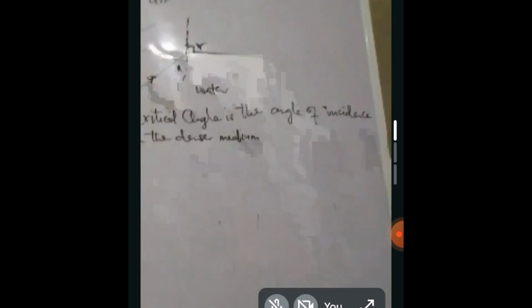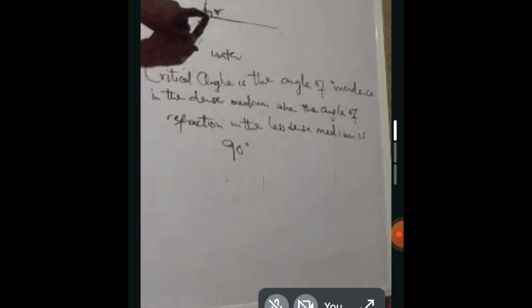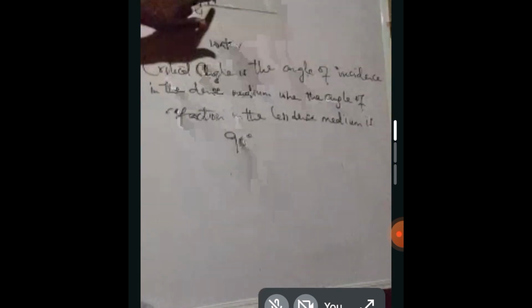The critical angle is the angle of incidence in the denser medium when the angle of refraction in the less dense medium, which is air, is 90 degrees.